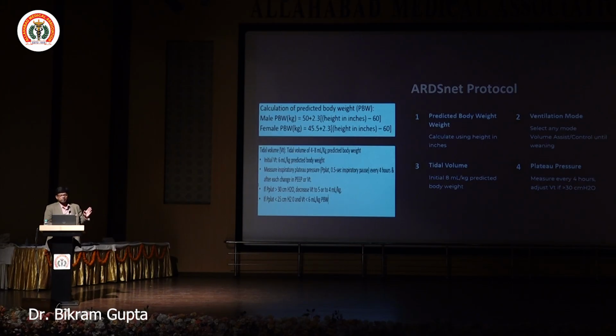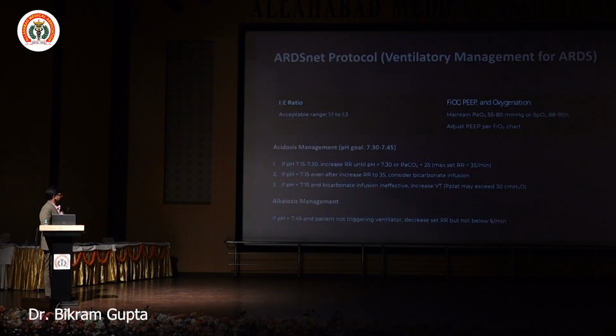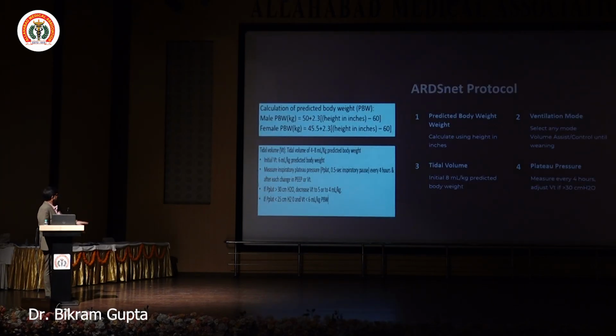So whenever you select pressure assist control mode, you have to be at the bedside and try to decrease the PIP on the basis of tidal volume, or keep the tidal volume in the range of 6 ml per kg. So measure the plateau pressure and tidal volume, as already discussed.